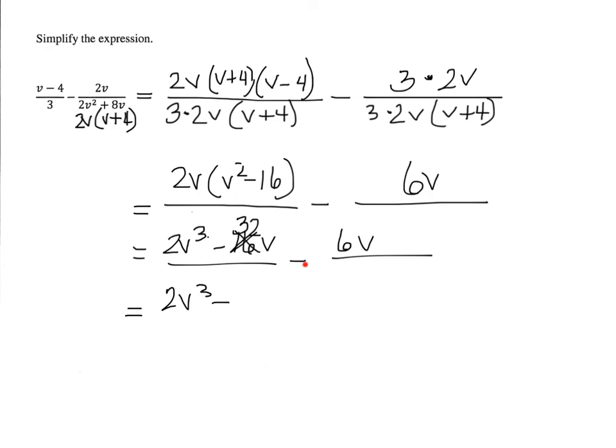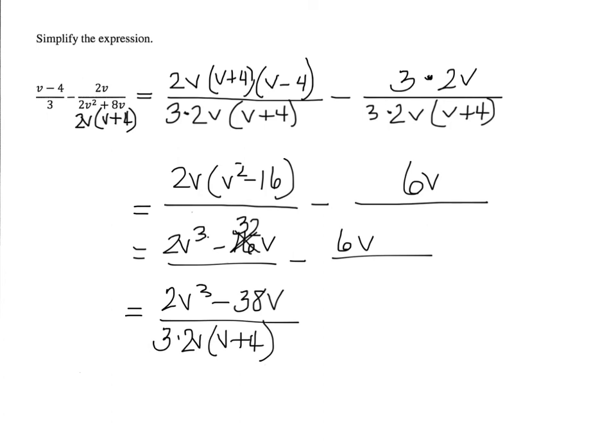So when I subtract negative 32v minus 6v, now I get negative 38v. Over, and now I'm going to back up and write this common denominator out, which was 3 times 2v times v plus 4. I have them in one fraction, just have to simplify now.